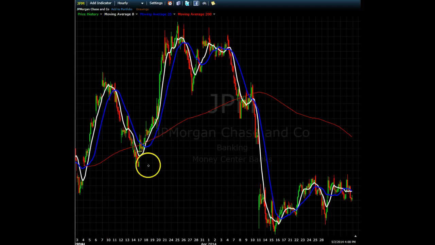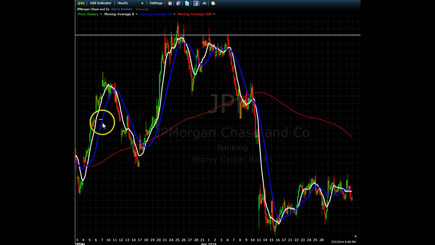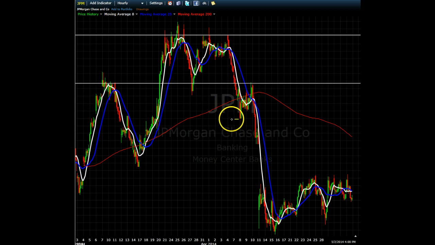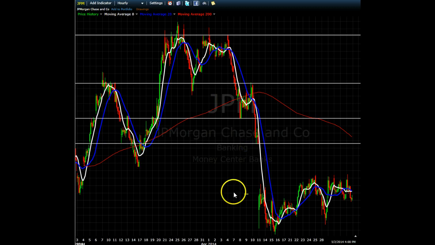JP Morgan had a big gap down not too long ago. It's not going to get back up there, but I'll go ahead and mark that anyway. Mark that low. That's where that gap is. You can see where those tops are right there.